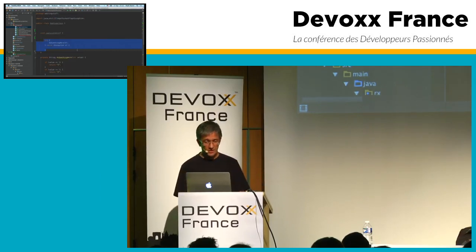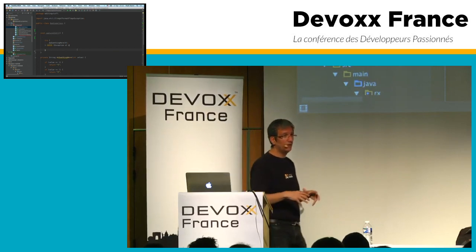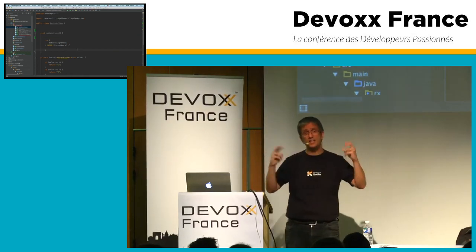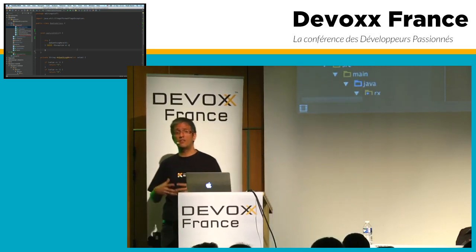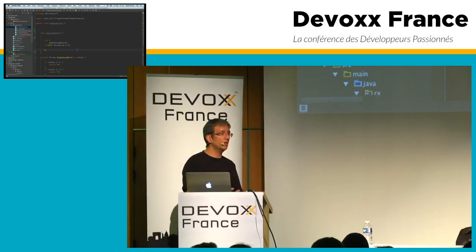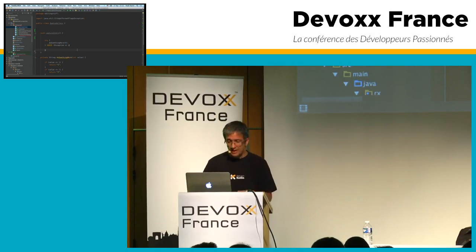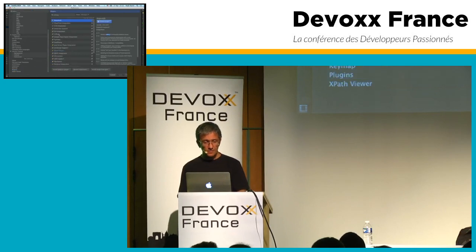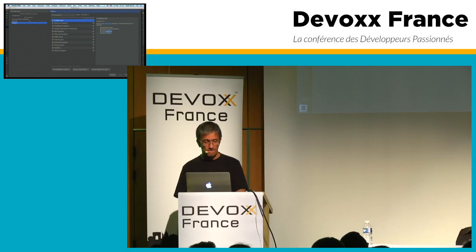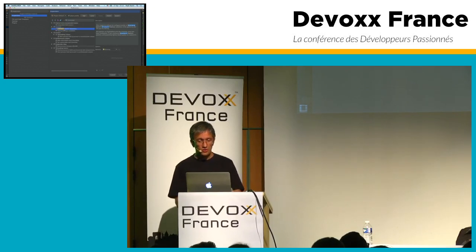So this is a perfect example of how you can extend IntelliJ with your own inspections and look for bad code, smelly code. And what you can also do is go to inspections here, and you can turn on the structural search inspection.